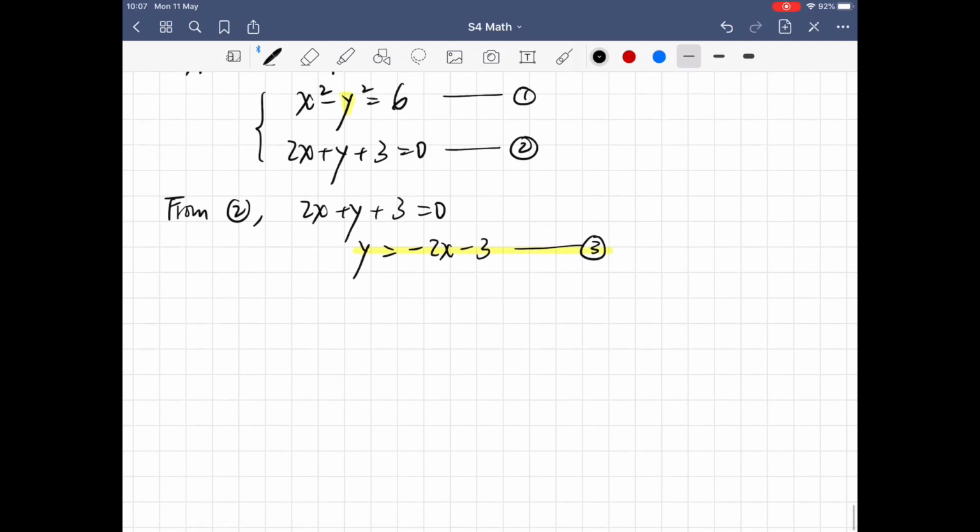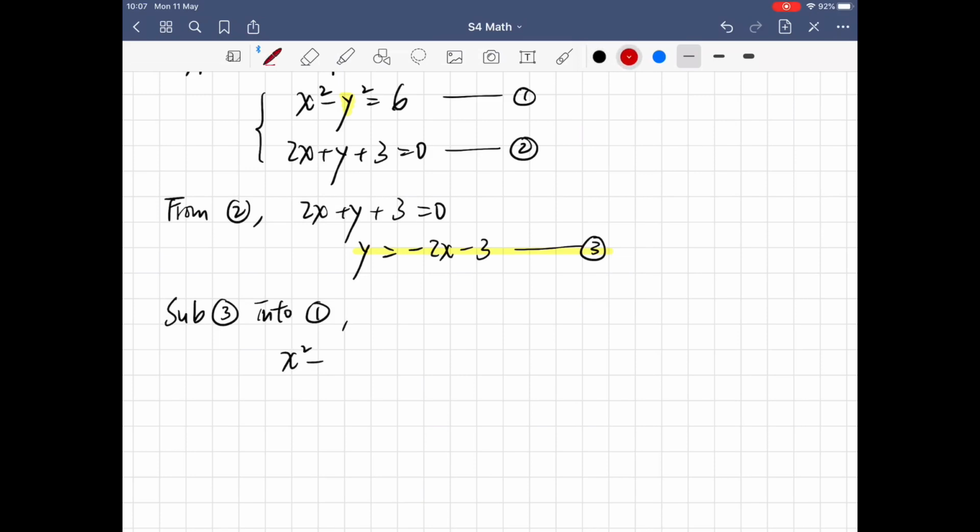Okay, to substitute the y. Okay, so we substitute 3 into 1, and we have x squared minus (negative 2x minus 3) squared equals 6. Okay, so for the expansion, I have to remind you about (a plus b) squared equals a squared plus 2ab plus b squared.